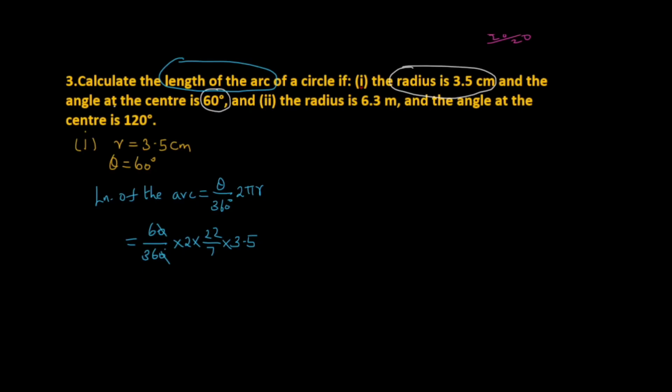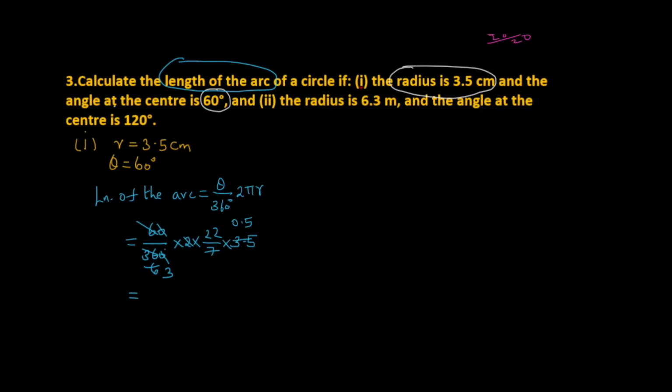Then 0, 0 cancel, 6 will cancel 36 6 times. Then 2 can cancel this 3 times. 7 can cancel this 0.5 times. Very particularly, it is not 5 times, it is 0.5 times. 3.5 divided by 7 is 0.5.